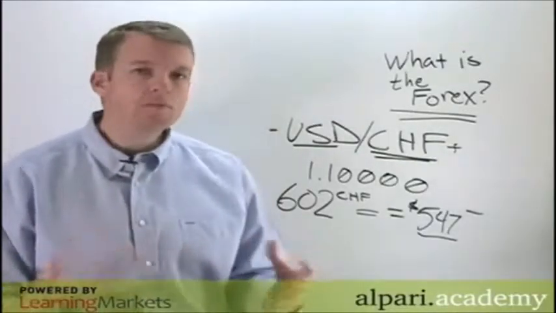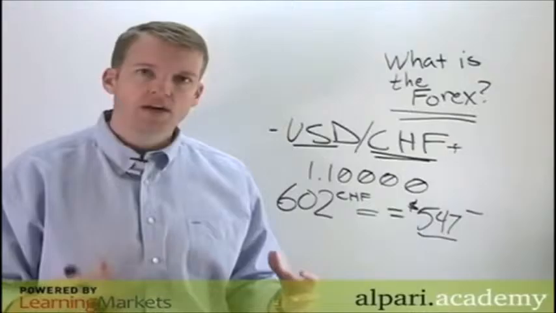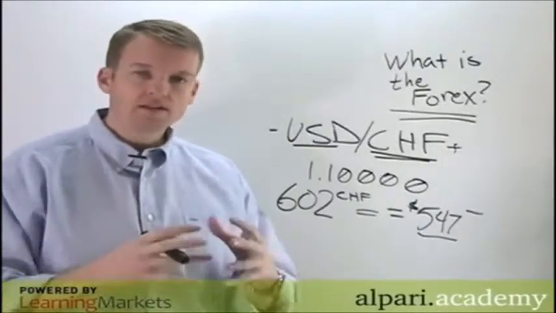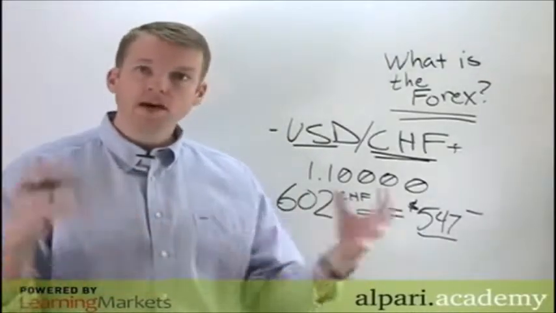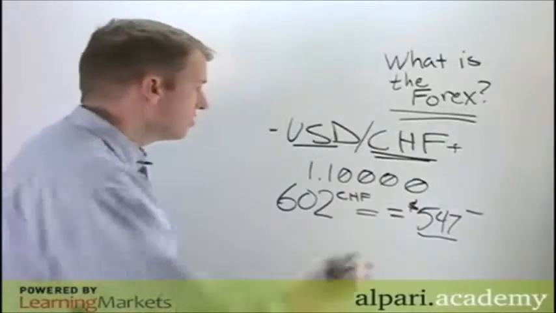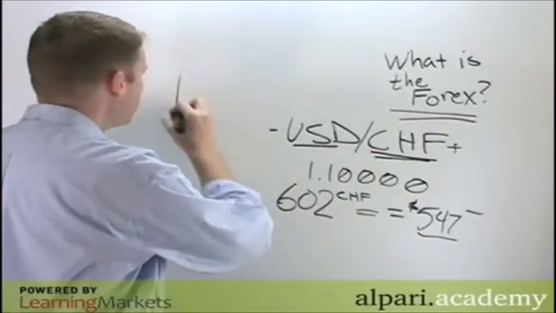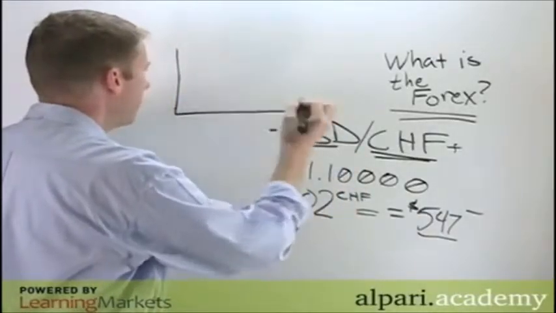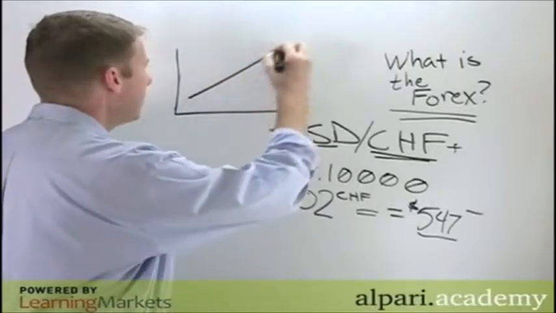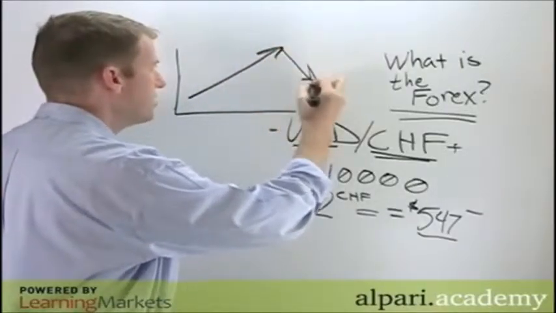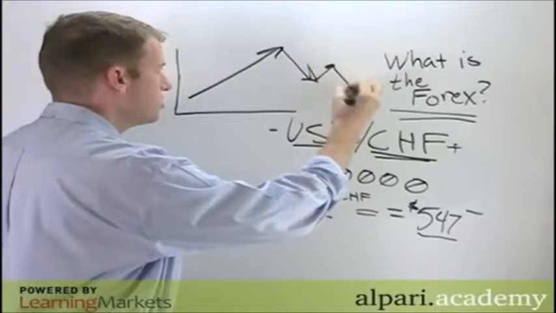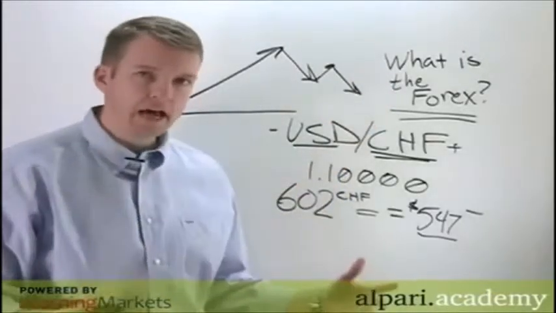Well, this is the same way that the foreign exchange works. Now, the way that you'll see this actually charted, like any other capital market, is you'll see we've got our chart here, with the X and Y axis, and you'll see trends that look like this, just like anything else that you would see in any other capital market.